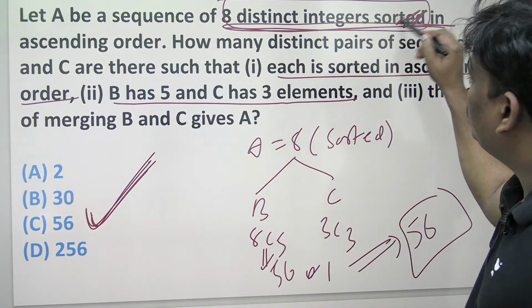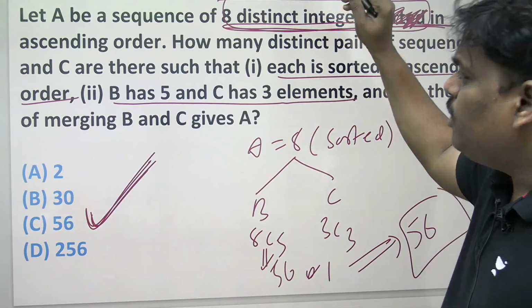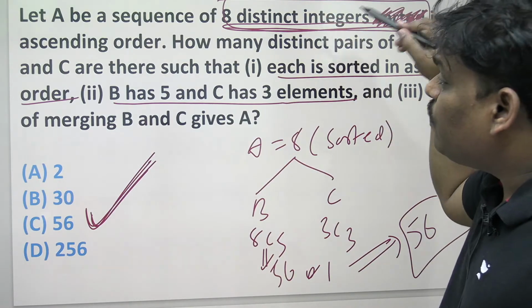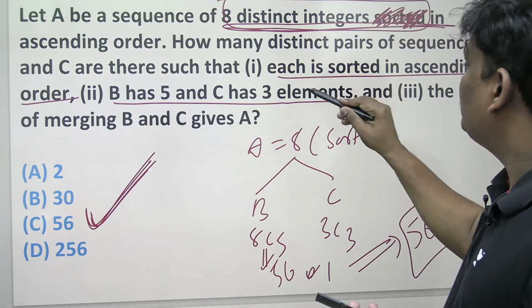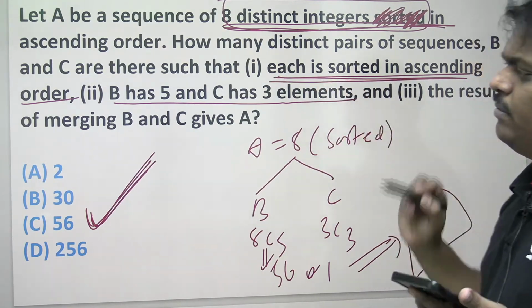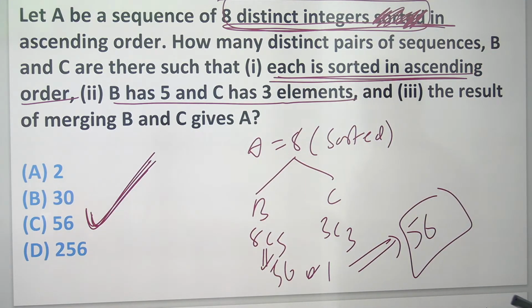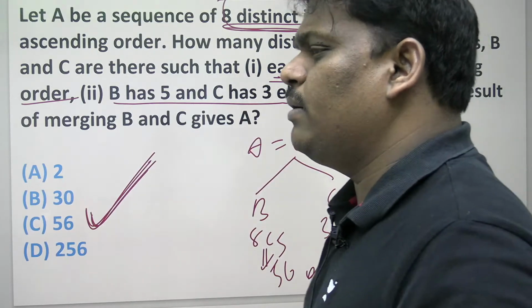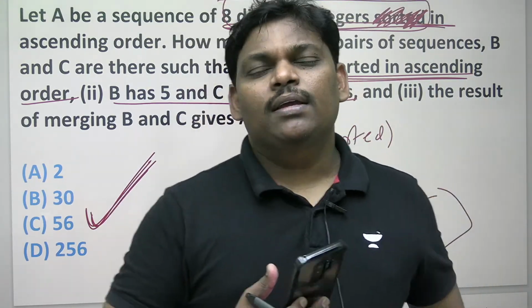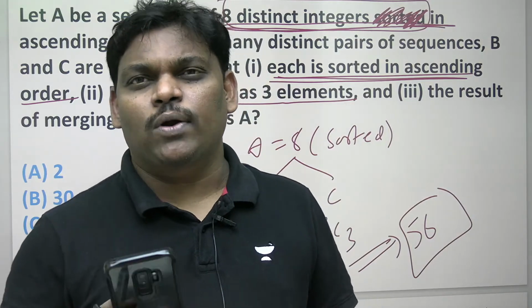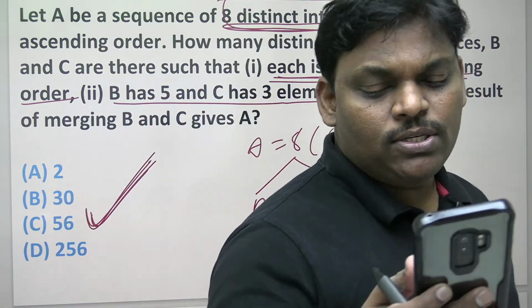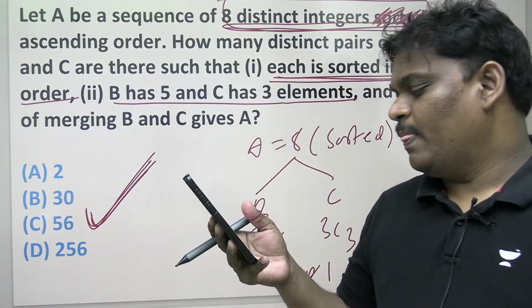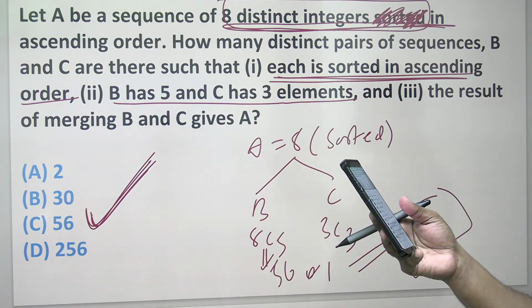If sorted is not there, 8 people are there, select 5 people such that all the 5 should be sorted. Out of 8 people, selecting 5 people such that it is sorted, this problem may look a little difficult. But because of a sorted array, any combination will be sorted.